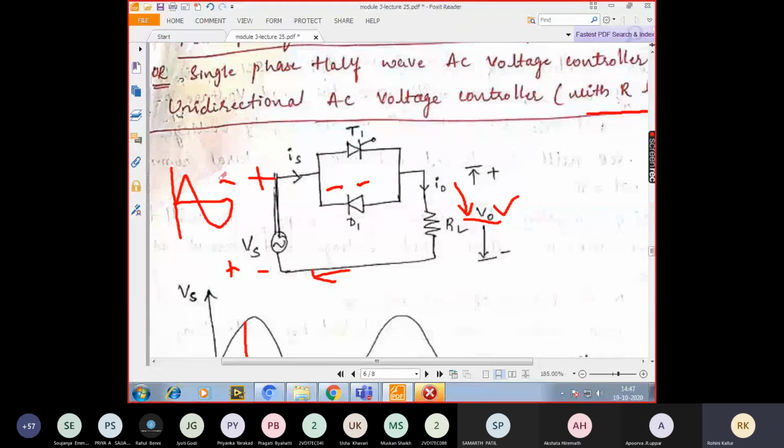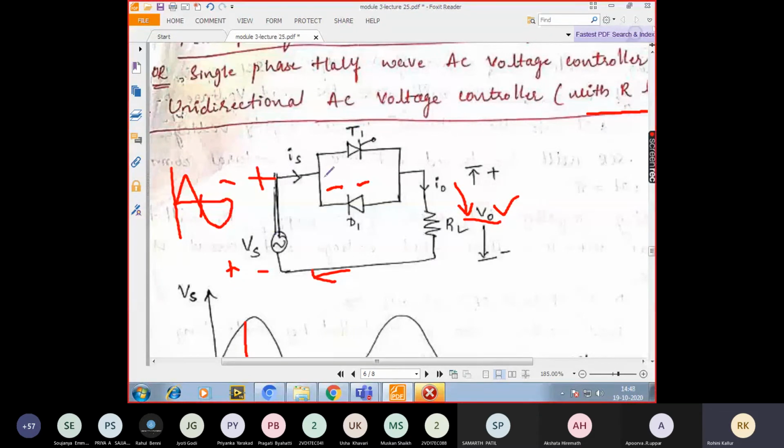So the input changes from plus and minus to minus and plus, and by this time the input has reached a zero crossing, that is omega t equal to pi. At this zero crossing, the conducting SCR is turned off by natural commutation. So now the device is off by the application of negative and positive power supply.